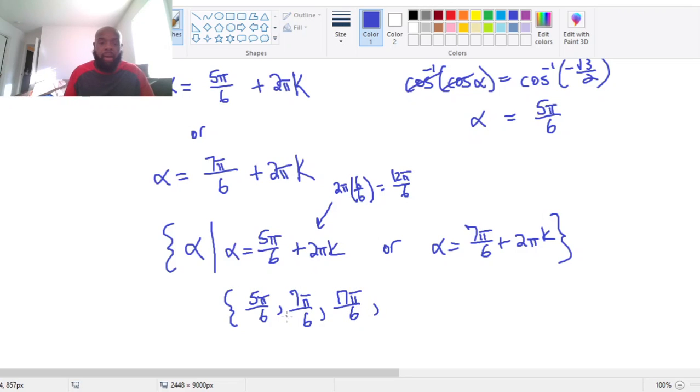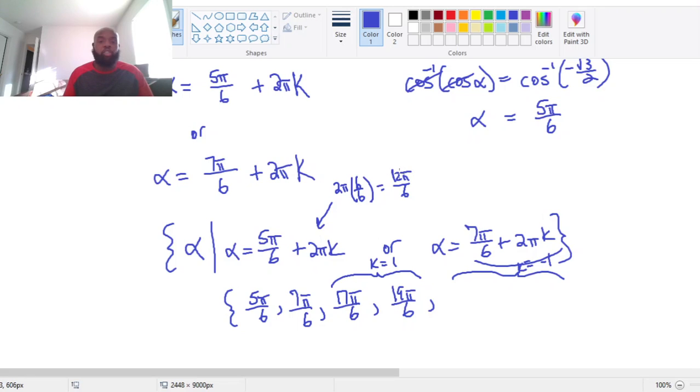If I add 2 pi to the 7 pi over 6 here, where we let k equal 1, we're going to have 7 pi over 6 plus 12 pi over 6, or 19 pi over 6. In these two right here, I let k equal 1. I can let k equal negative 1 and get some negative angles. That means I'll be subtracting 2 pi here.